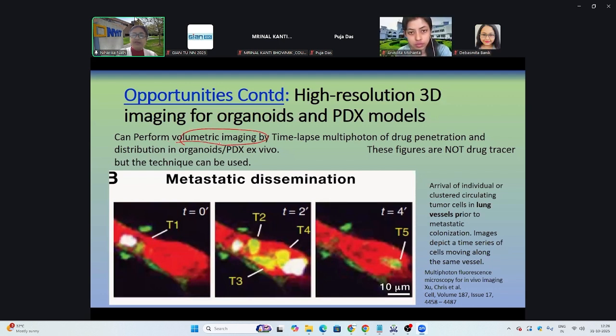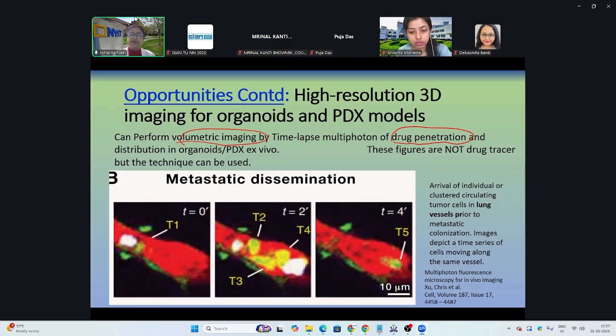perform volumetric imaging by time lapse, again, multiphoton microscopy, for drug penetration. We want to follow how much of the drug has gone in, and how much of the drug is distributing itself into the various cells.